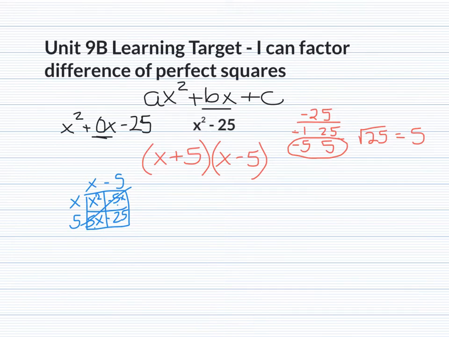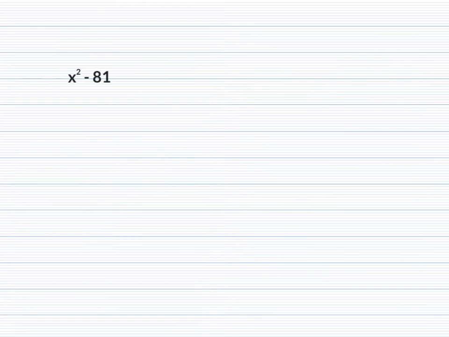All right, making it less complicated, here we have x squared minus 81. We talked at length in the last one about why it works, but ultimately here's what we need to think about. The square root of 81 is 9, because 9 times 9 equals 81.